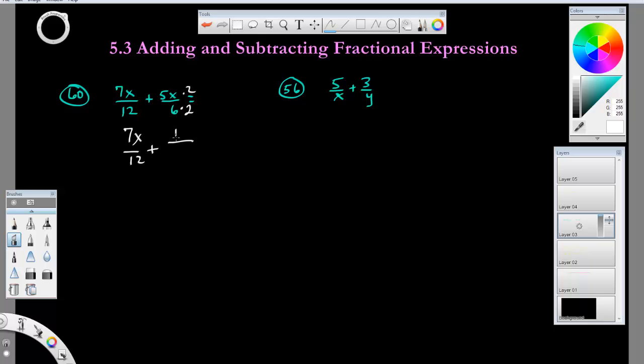Well, it's 5x times 2, which is 10x. And on the bottom would be 12. So the bottom stays 12, and the top is 7x plus 10x. 7x plus 10x is 17x. So 17x over 12. And make sure you always try to reduce that if you could, but you can't.